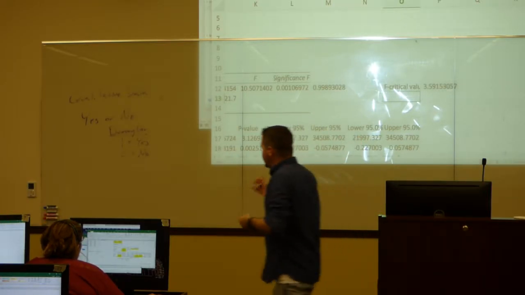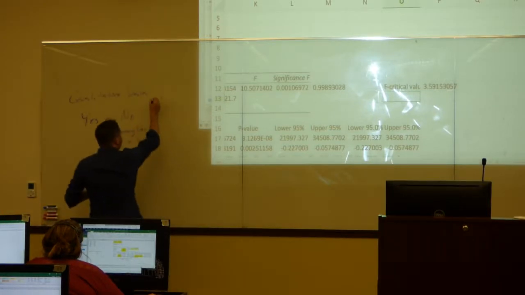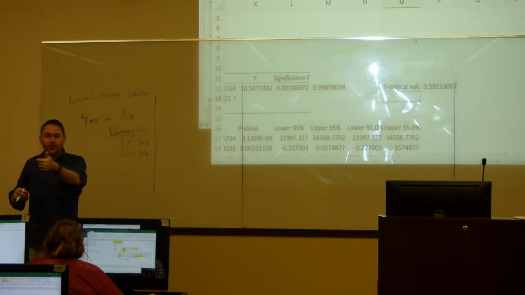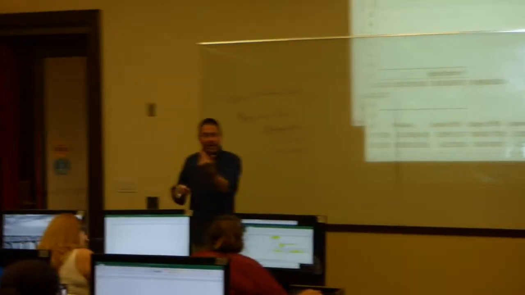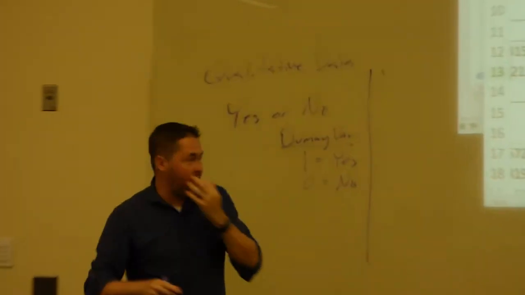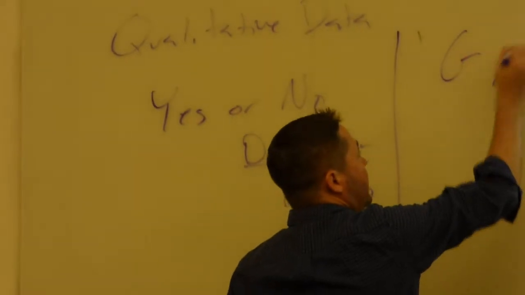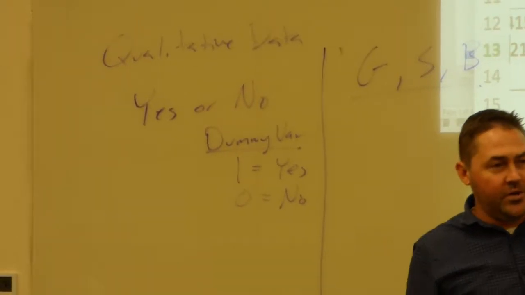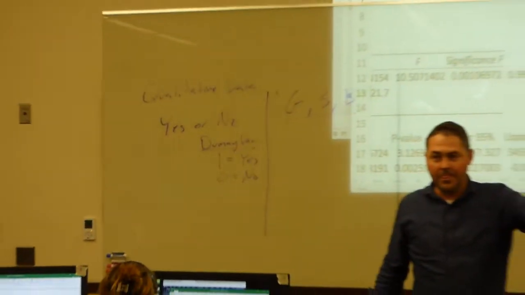Okay? Now, to try and illustrate this point, what if we have, say, gold, silver, bronze? If we have 3 different variables, say gold, silver, or bronze, we always need to create 1 fewer dummy variable. Okay.